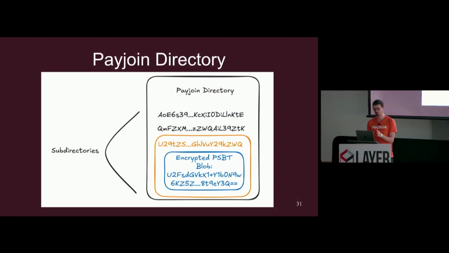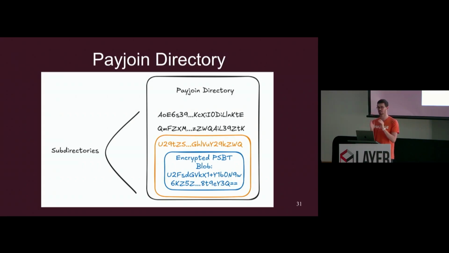So just to show you, what does this directory look like? It's stupid simple, very dumb, there's not much to it. All it is is a list of subdirectories. The subdirectories are public keys that have been base64 encoded. These are not public keys that have anything to do with Bitcoin, right? We don't want anything that is going to lead back to anything related to a wallet, right?